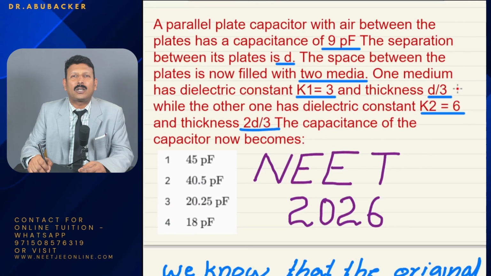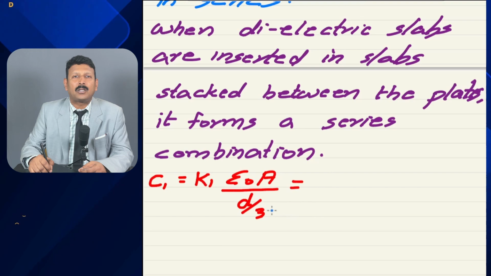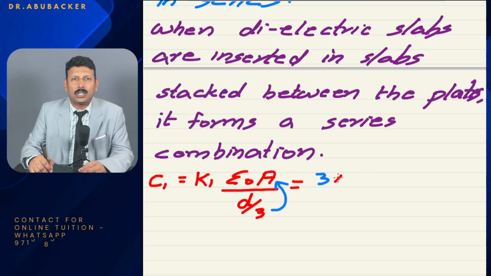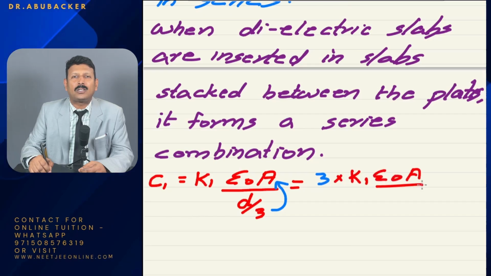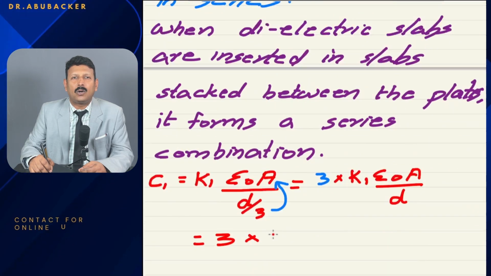From the question, you will see D becomes D by 3. So, K1 epsilon 0 A divided by D by 3. You know that D by 3 will go to the numerator, right? So, 3 times K1 epsilon 0 A by D. Now, the time to substitute the values. So, 3 times K1, which is 3 in the question. The first 3 is from the D by 3 place.